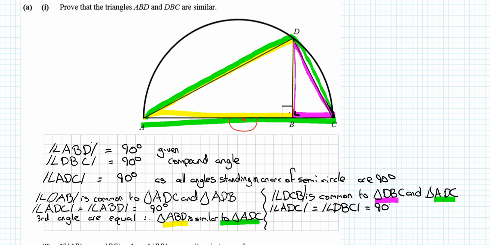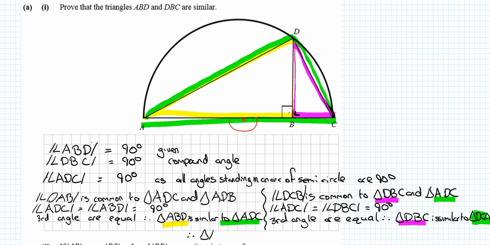They're both equal to 90 degrees. Third angle are equal. Therefore, triangle DBC is similar to triangle DCA. That's the green one, isn't it? DCA, or yeah, that's the purple one.